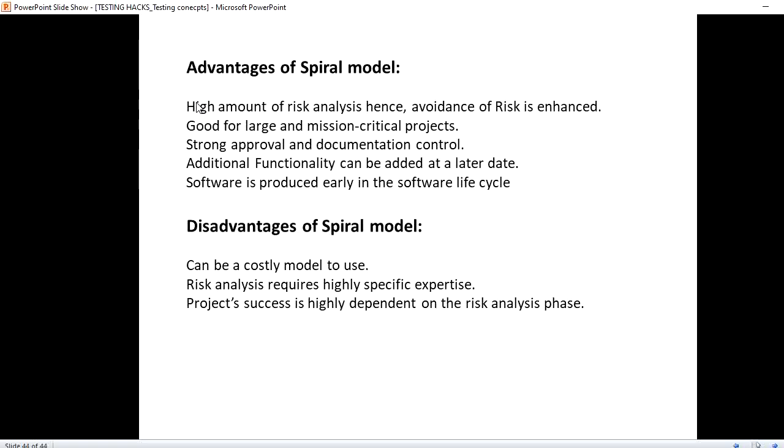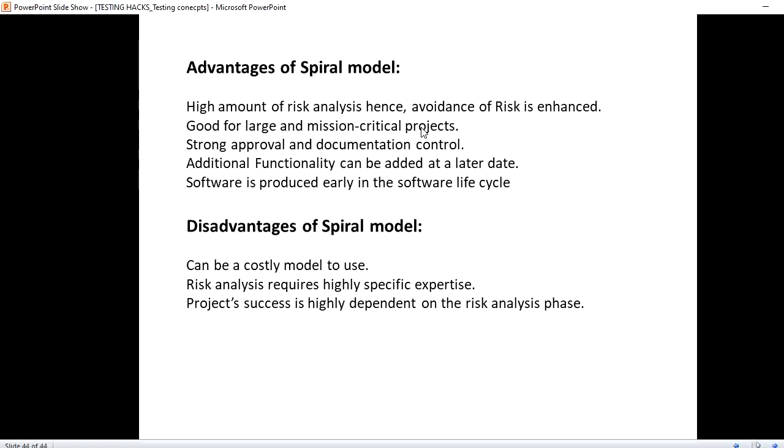When it comes to the advantages of the spiral model, there is a high amount of risk, hence avoidance of risk is enhanced. If the project you are developing has certain risks, and also if the requirements are not clear during development, which leads to risk, then it is the best suitable model.